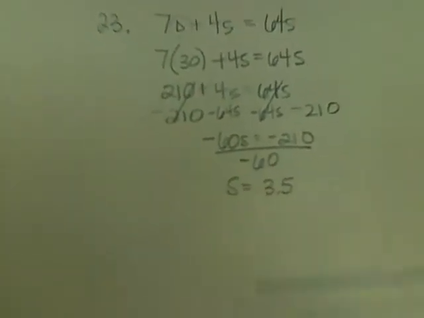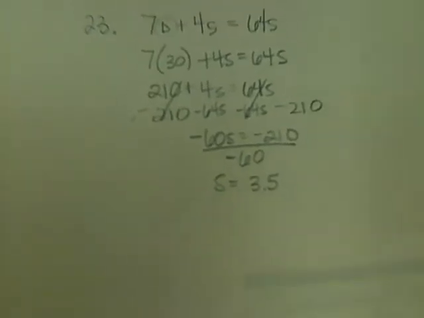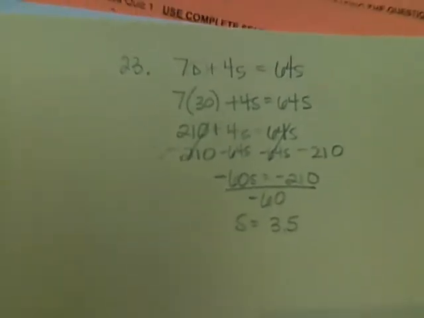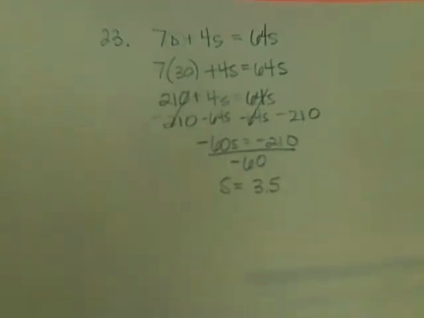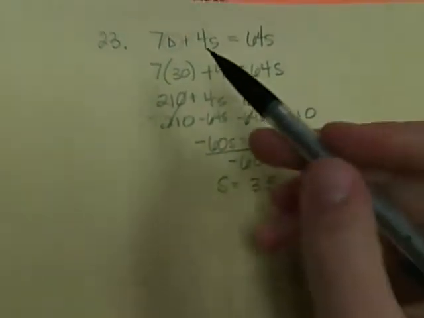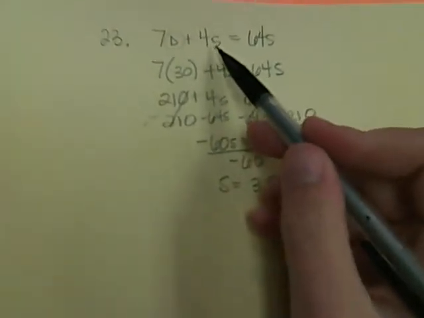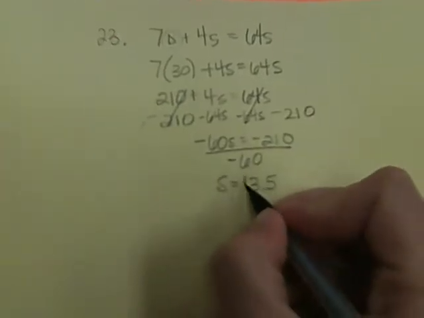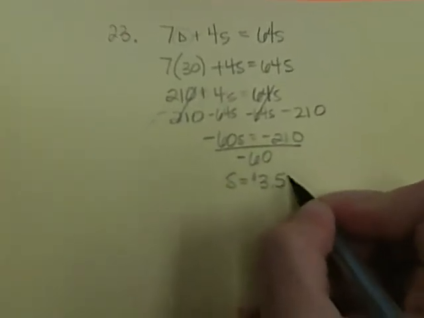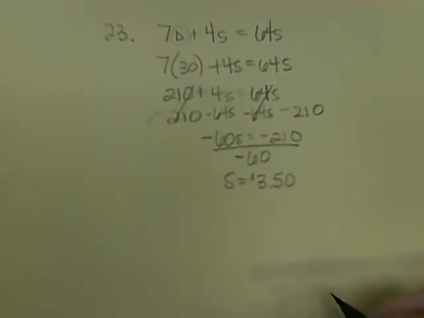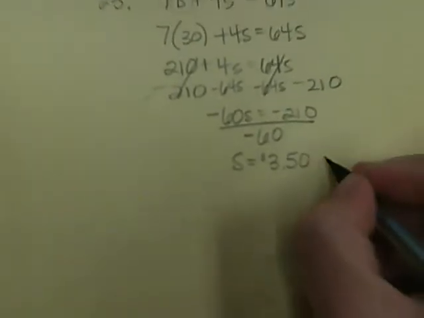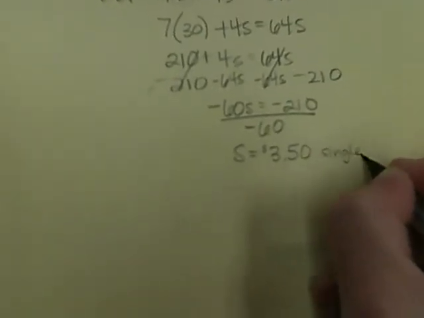Now, normally I wouldn't be okay with decimals, right? Usually I say decimals aren't okay, but this is a real life situation. And we're talking about S meaning how much it costs for a single rose. So that means $3.5, I'd actually call that $3.50. So that's the cost of a single rose.